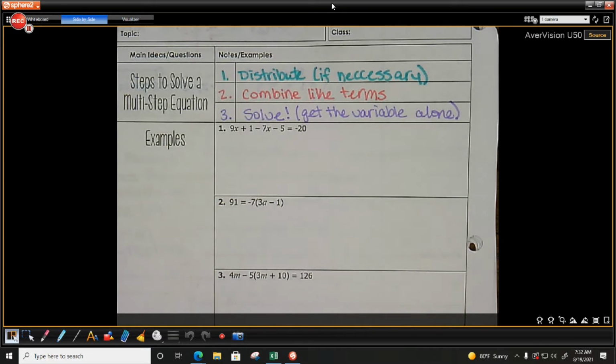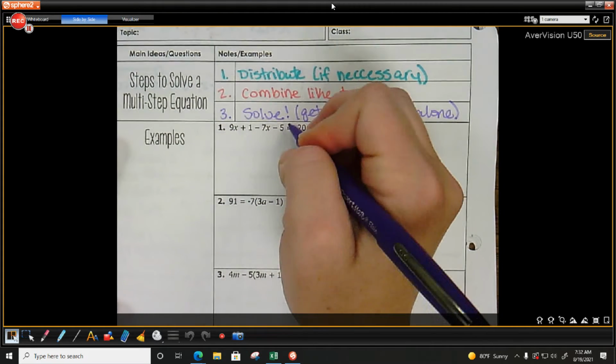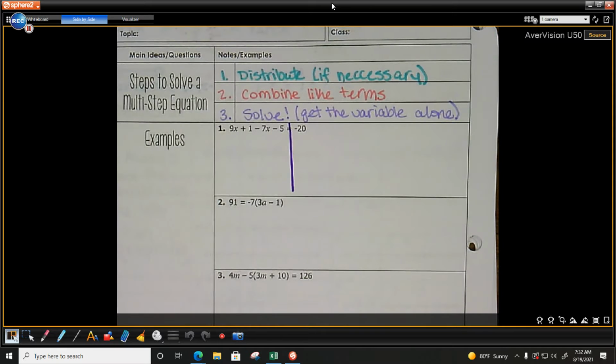Okay. So, I'm going to draw my line through the equals. Remember, we always want to do that. Draw your line through the equals. It's going to help us keep our work nice and neat and organized.